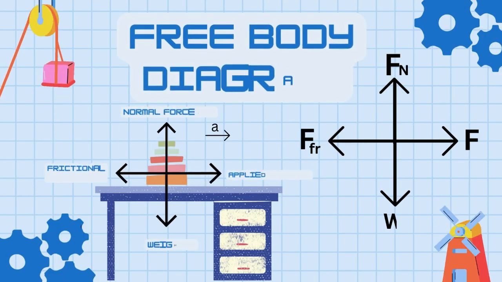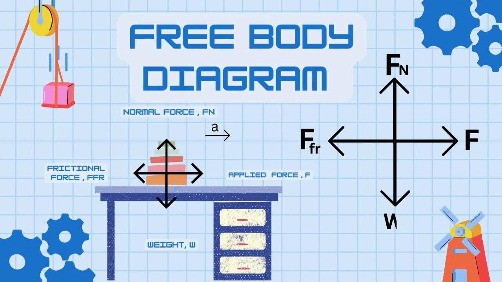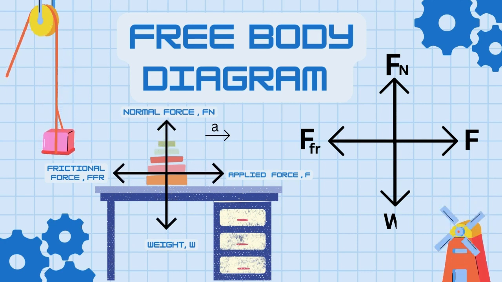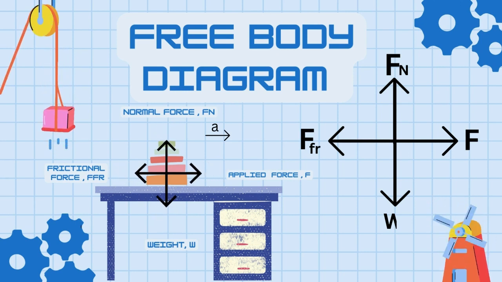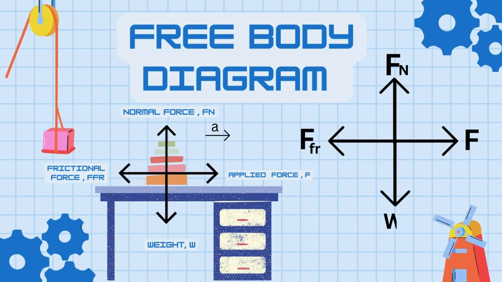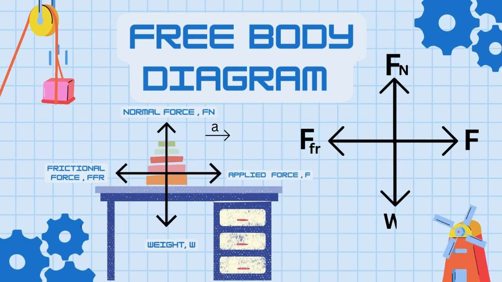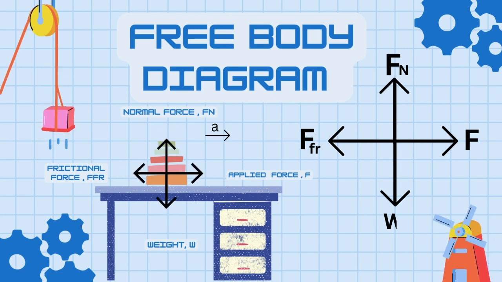Here is a free body diagram of the wooden block. The forces acting on the wooden block are: 1. Applied force. Applied force is a force which is applied to an object by another object. 2. Normal force. Normal force is the force exerted on the object that is perpendicular to the surface of contact. 3.